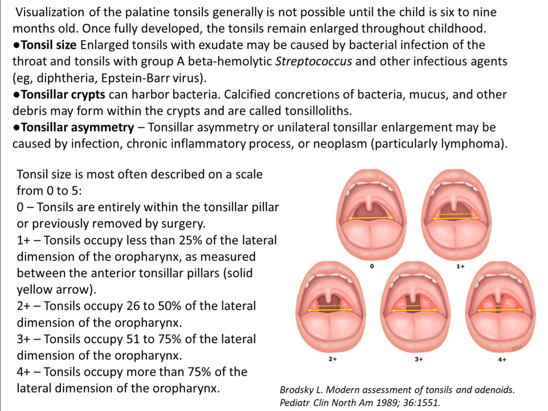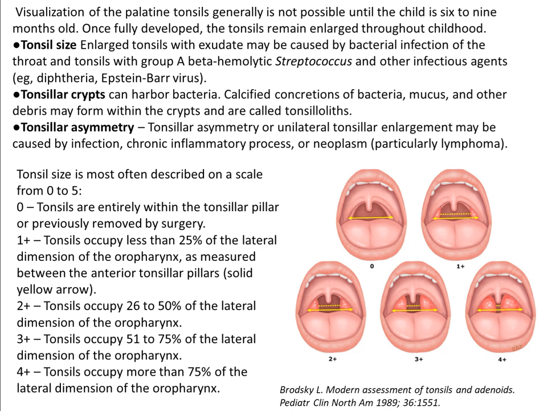Enlarged tonsils with exudate may be caused by bacterial infection of the throat, and tonsils with group A beta-hemolytic streptococcus and other infectious agents like diphtheria, Epstein-Barr virus. Tonsillar crypts can harbor bacteria. Calcified concretions of bacteria, mucus, and other debris may form within the crypts and are called tonsillar leads.